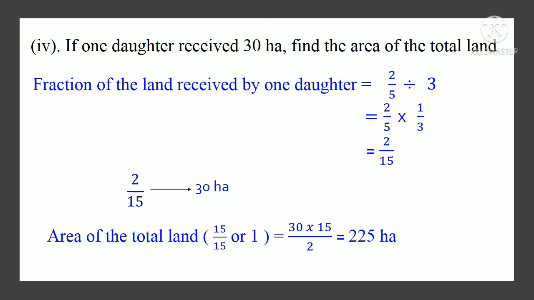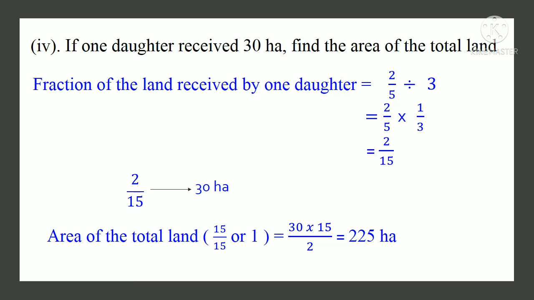So, what is the total land? We have to find the area of the total land. What is that one? 15 upon 15 or else 1. So, how can we find? Yes, 2 parts means 30. Then what is 1 part? That is 15. And again you have to multiply that 15 by 15. 15 times 15, the answer is 225 hectares.